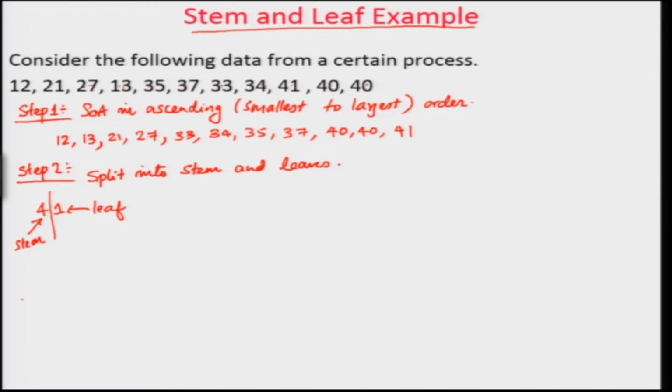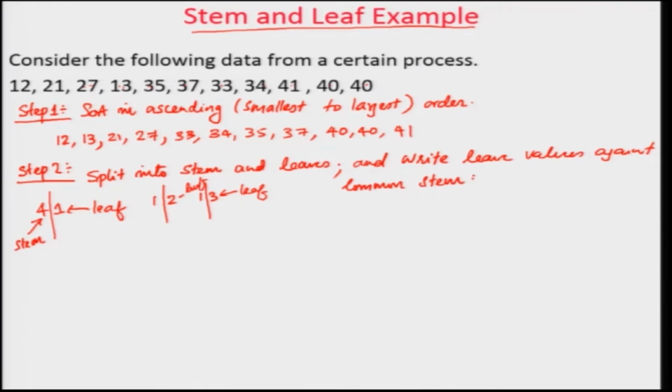If you split 12 and 13, then 2 and 3 are leaves, and both of them have the common stem 1. Split into stem and leaves and write the leaf values against the common stem.